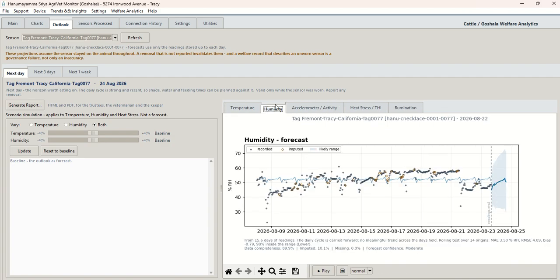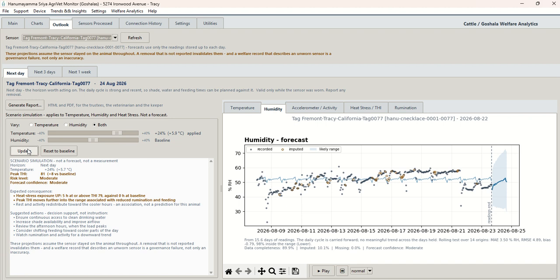We show a visual range built from its own history, and departures or findings are identified. This avoids false claims about behavior that no model can reliably predict. Here we can change the temperature, humidity, or both, and play with the model to see how it behaves when they are updated.